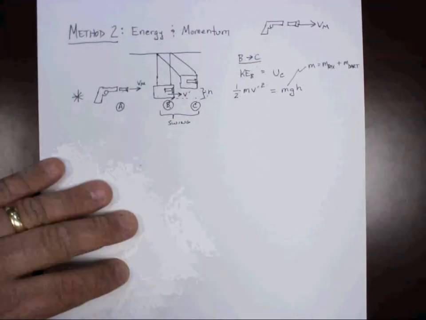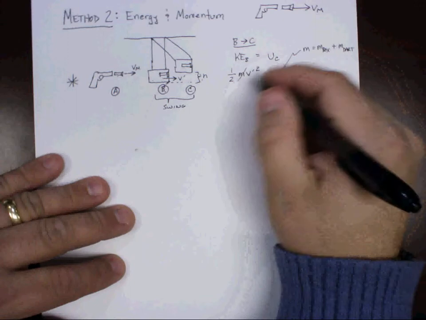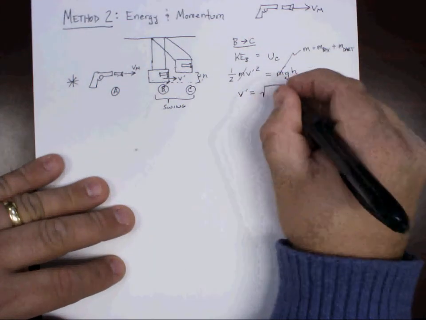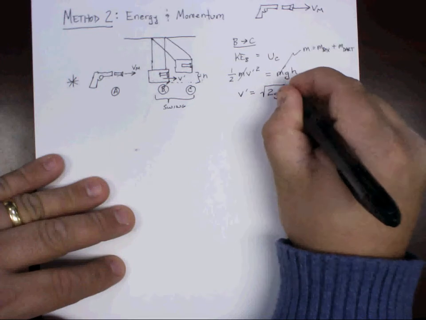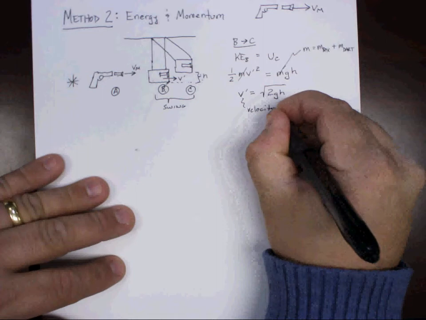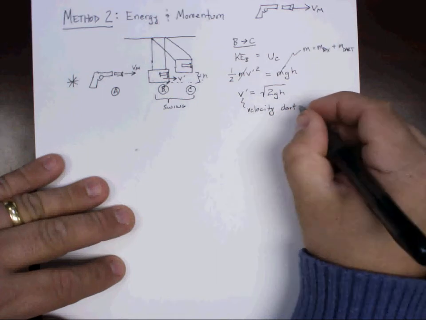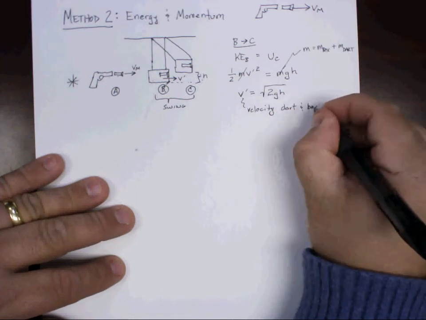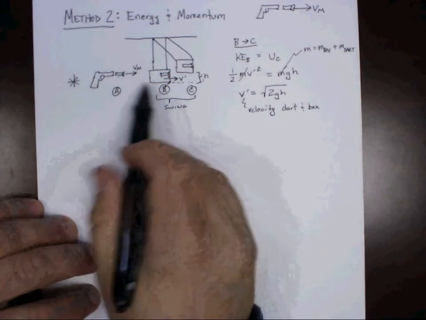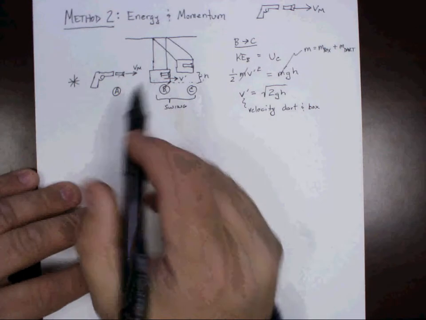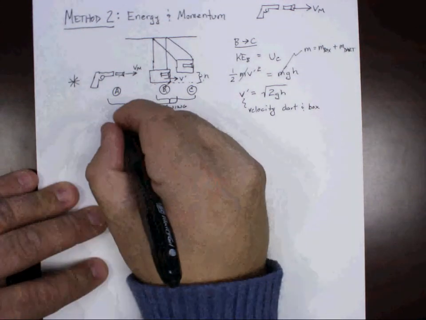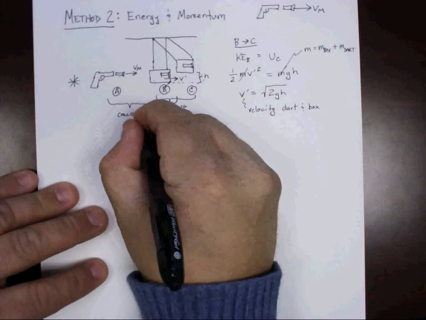What's the formula for potential? mgh. Now I want to be careful. What is this mass? Mass of the box and the mass of the dart. But it doesn't really matter because in this formula they cancel. So we find that V prime equals the square root of 2gh.